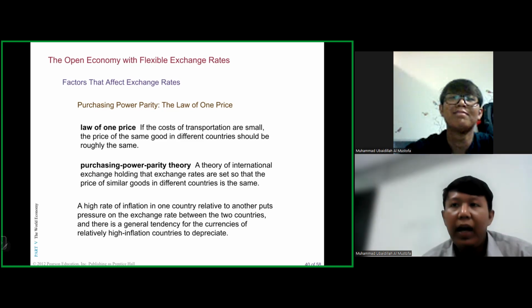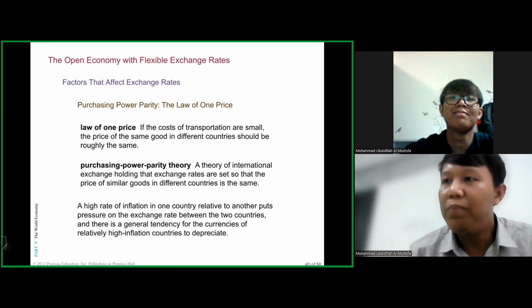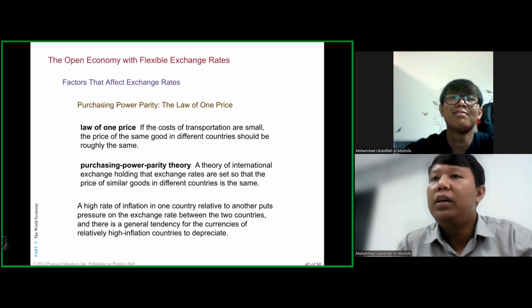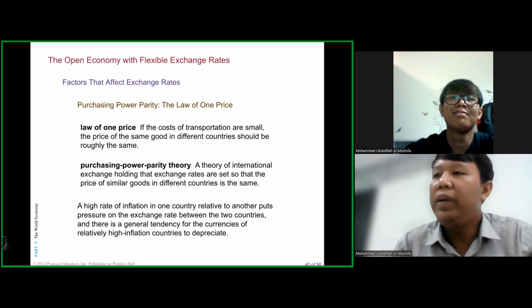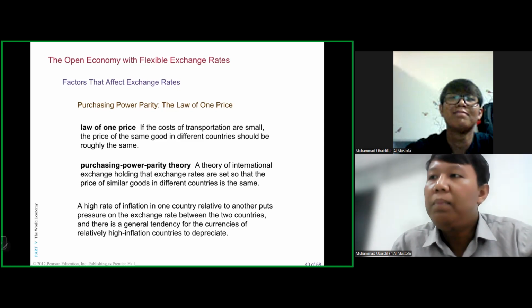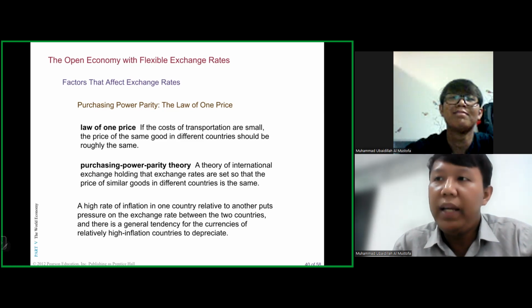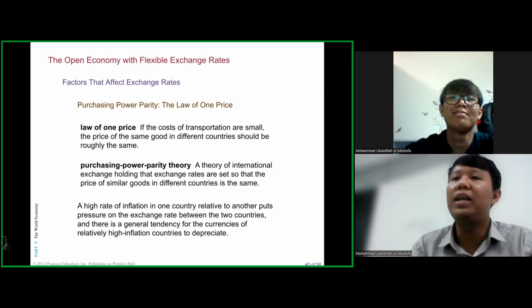From this law of one price, we have a developed theory called purchasing power parity. It is a theory of international exchange holding that exchange rates are set so that the price of similar goods in different countries is the same.